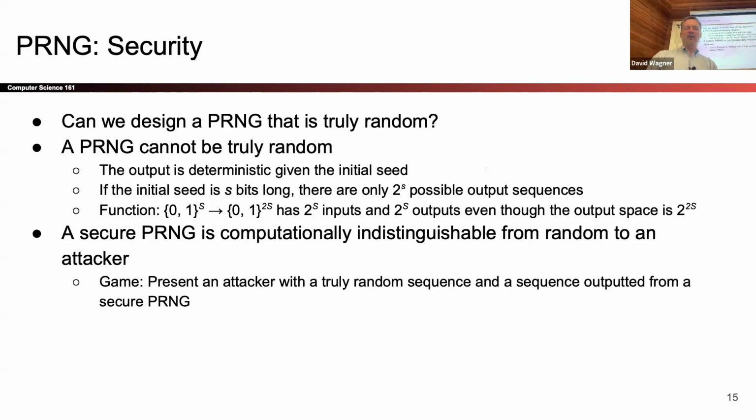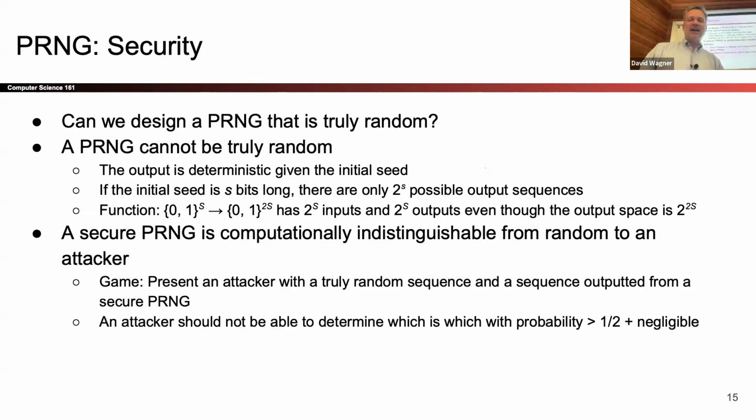It involves a game where the attacker is given either a truly random sequence of 8 million bits, or they're given 8 million pseudorandom bits produced by a PRNG that was seeded with a 128-bit truly random seed. And the attacker's goal is to guess whether the data came from true random or from pseudorandom.